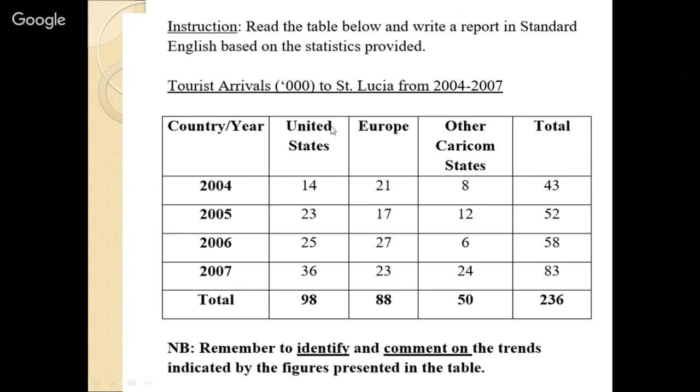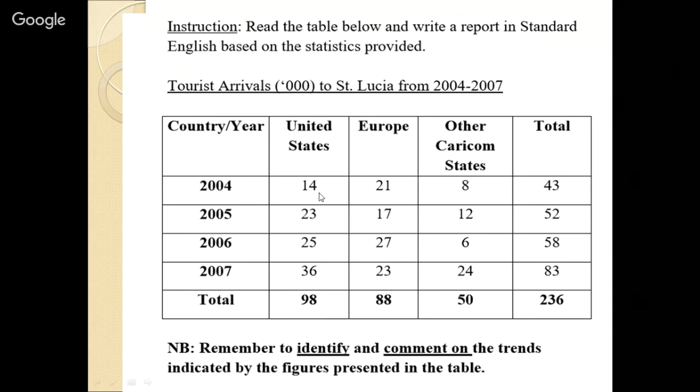In a situation like this, we're not going to look at the figures going across immediately. We're going to identify the trend coming down like this. So we're going to look at the different categories coming down. Let us look at the United States. As I call the figures, I want you to tell me what kind of trend it is.